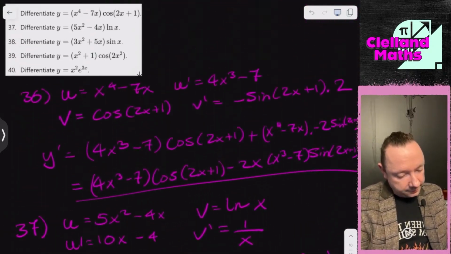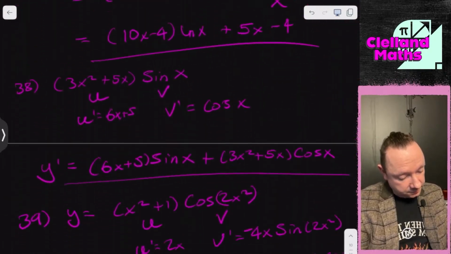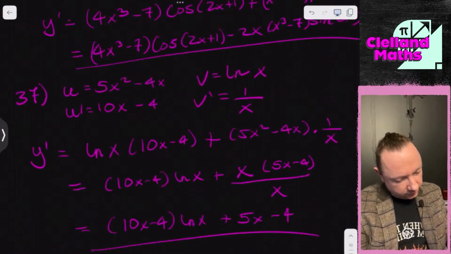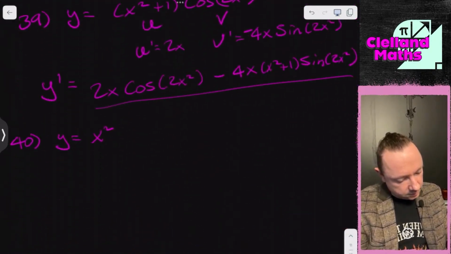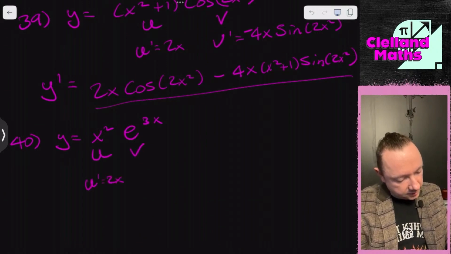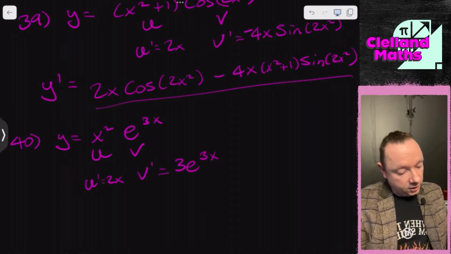Number 40. Differentiate x squared e to the 3x. e to the 3x or e to the x? 3x. Okay, u dash is 2x, v dash is e to the 3x, but times by 3. So we've got vu dash again.